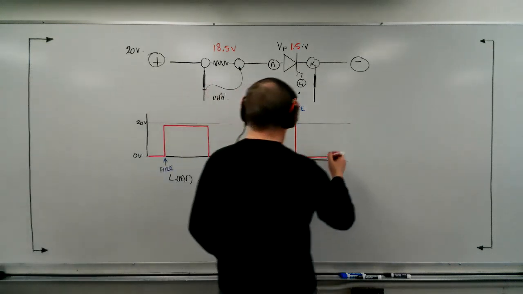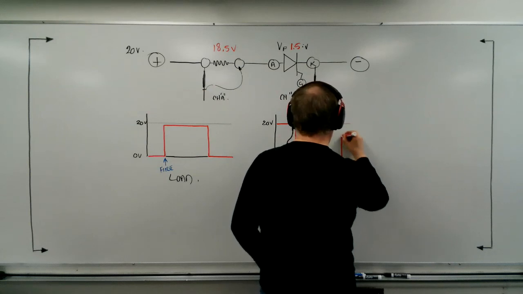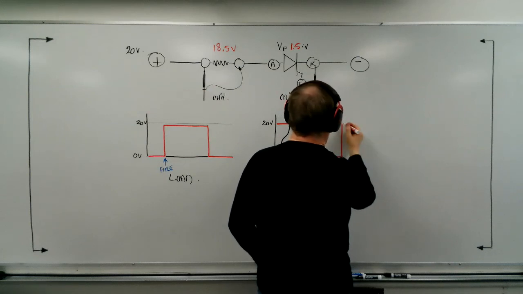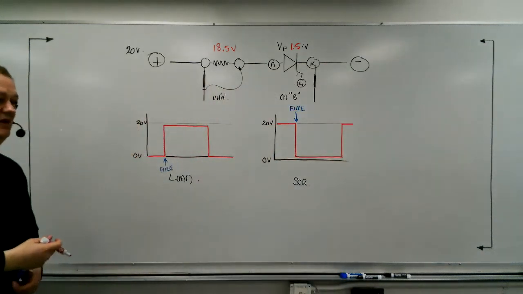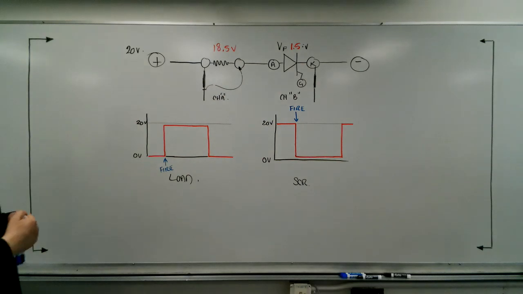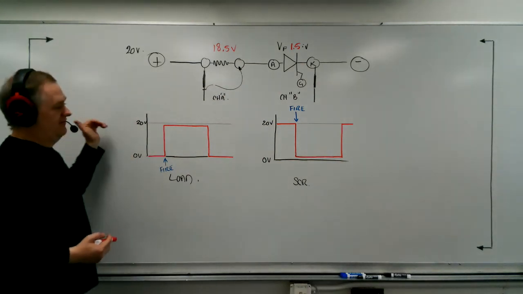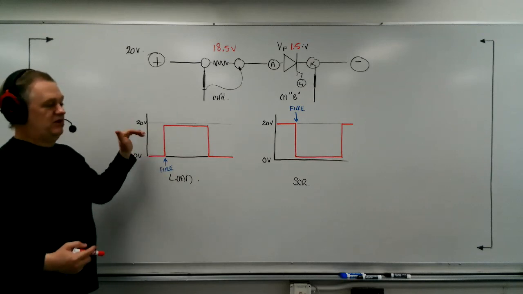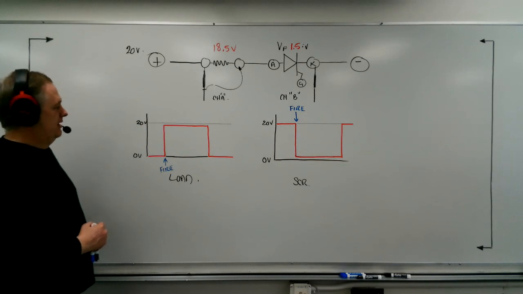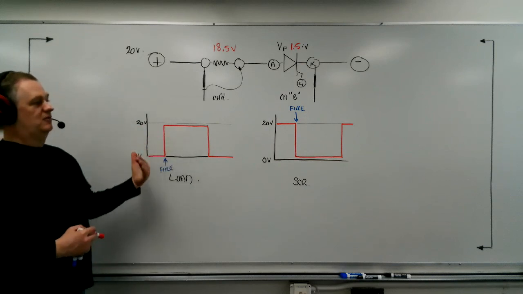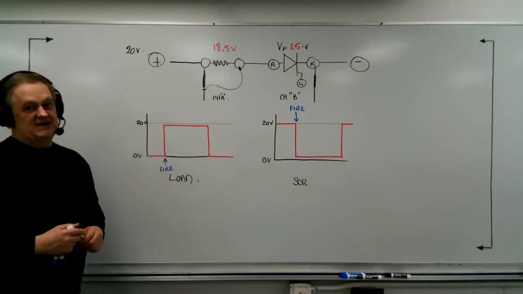And the SCR will go back up to blocking the full 20 volts, and it will move on in time that way. So this is what the two waveforms will look like. I say waveform, but there's not much of a wave to that. It's really just a square tooth that we're looking at. Now remember, this is a filtered, pure DC, straight line DC. And so this is what you would actually see if you put the scope on when you're using it as a DC switch.